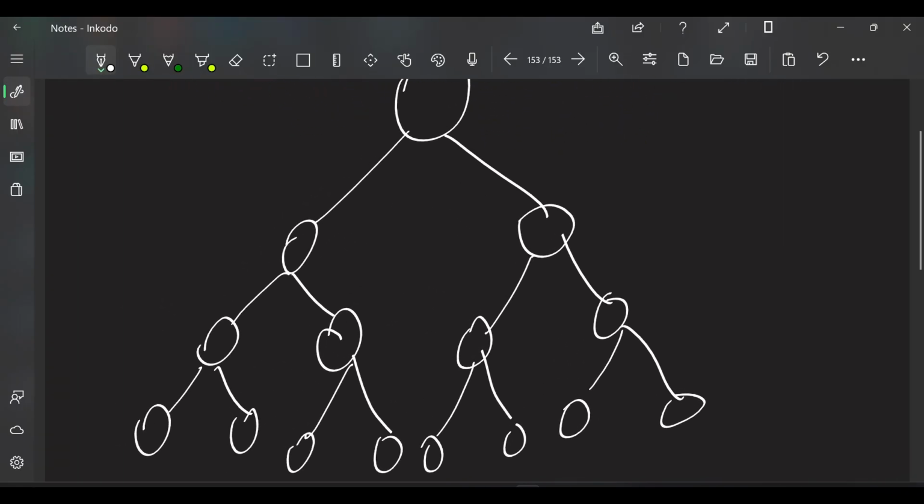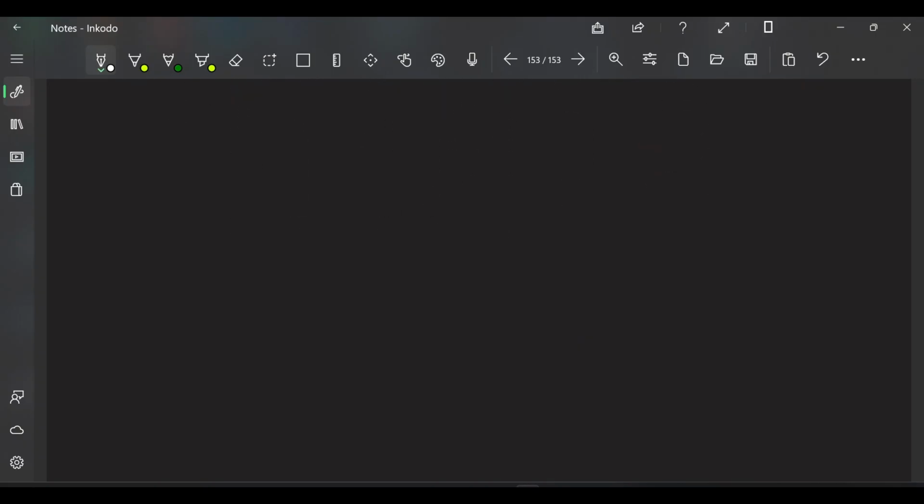Let's move to the next one, which is the linkage method.